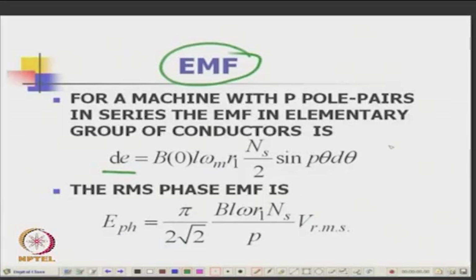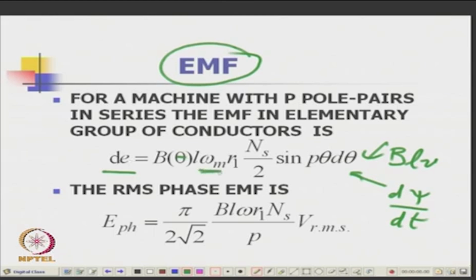The voltage over a small strip can be taken as BLV, or you can also take it as d psi by dt. B is varying in theta and rotating at some speed, and this is the differential for a small element.